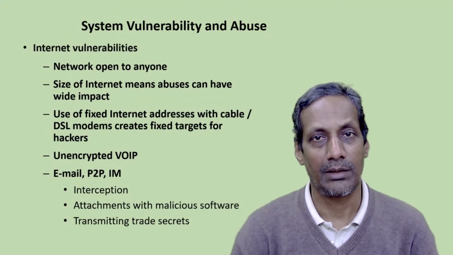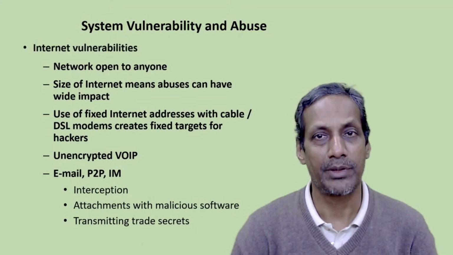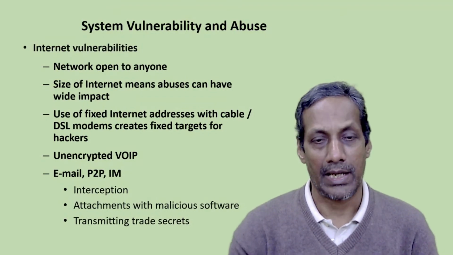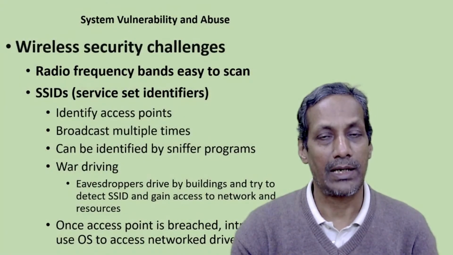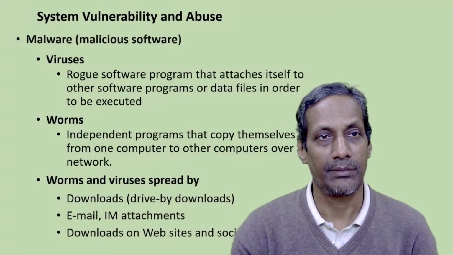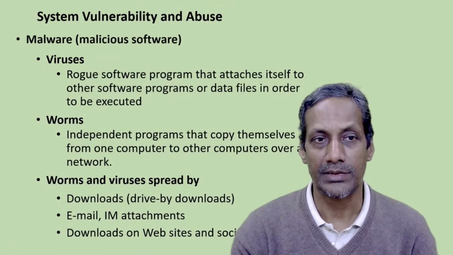System vulnerability and abuse can happen because of internet vulnerabilities. It can happen because of wireless security challenges. It can happen because of malicious software like viruses and worms, spread by downloads and emails.